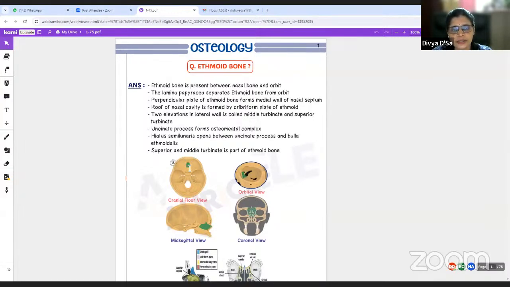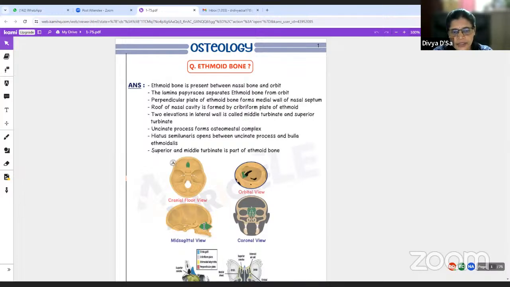Here the lamina papyracea separates this ethmoid bone from the orbit. So basically between the nasal bone and the orbit, you'll be seeing this. Here you can see the perpendicular plate of the ethmoid bone. It contributes to the medial wall, basically the nasal septum.